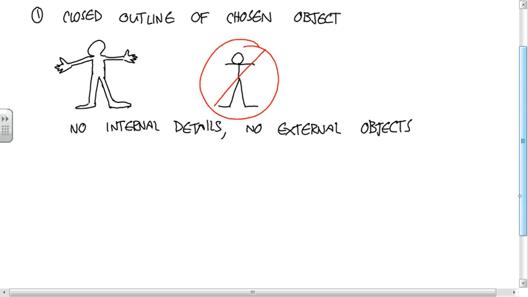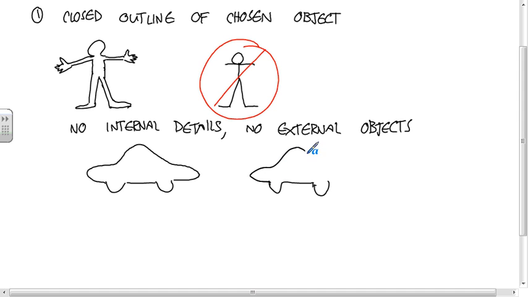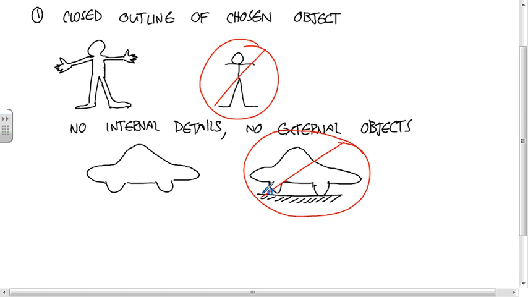So if you're doing a free body diagram of a car, it should be like that. It shouldn't be like that. Okay. And again, it's just all so you can be really clear about what are the external forces acting on this object.